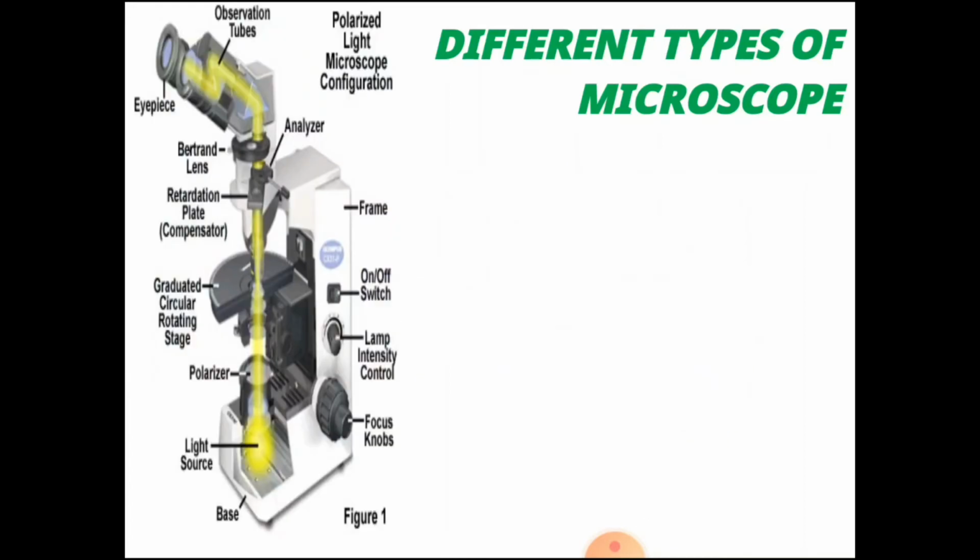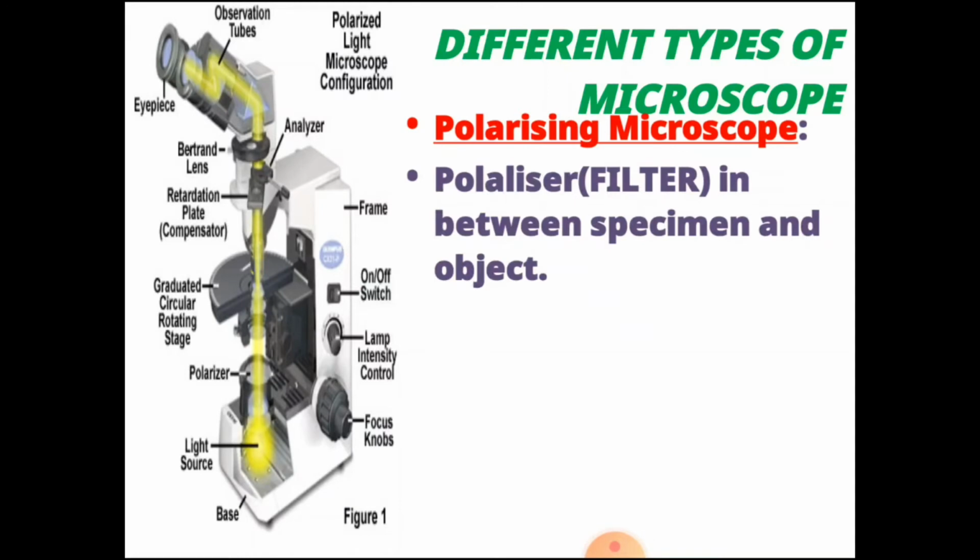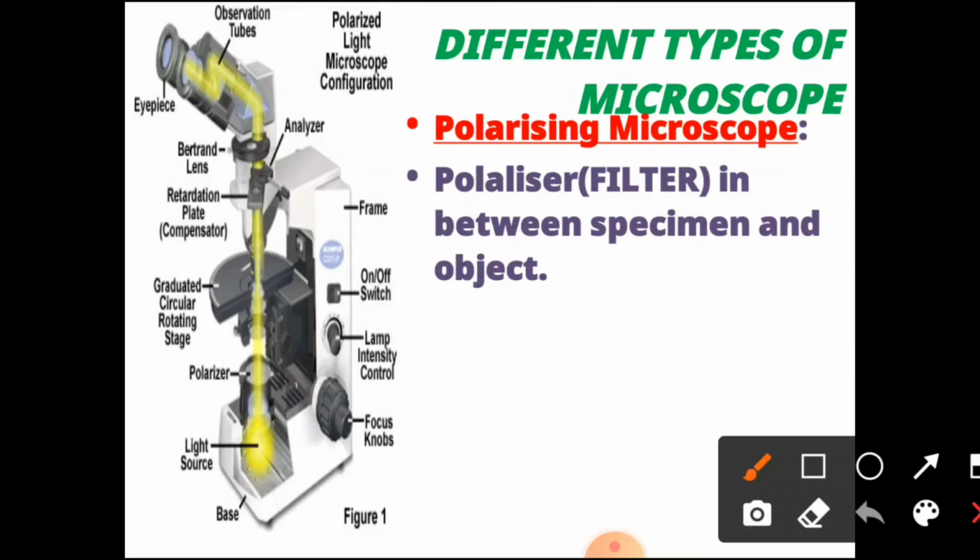Another type of microscope is the polarizing microscope. Here polarized light is used. This one is the light source. There is a polarizer, which is also known as a filter, present between the light source and the specimen.